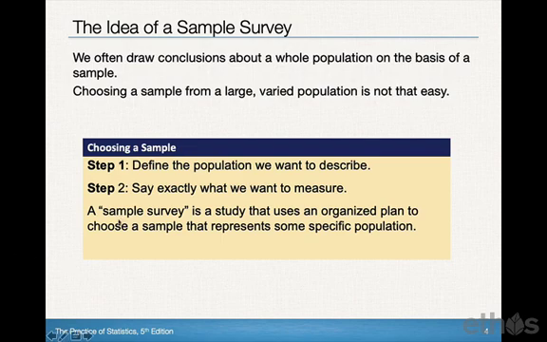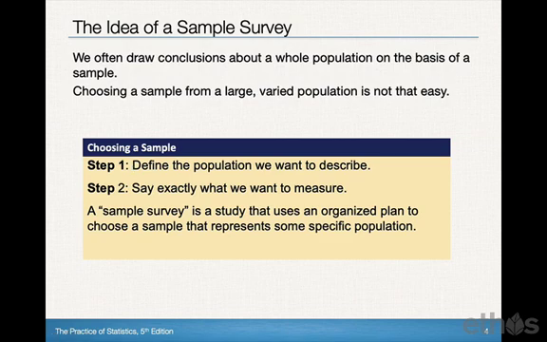Okay, so when we decide to take a sample, I very rarely see the whole phrase sample survey used. So we'll just say when we go to take a sample, we want to very specifically define the population we're drawing samples from.